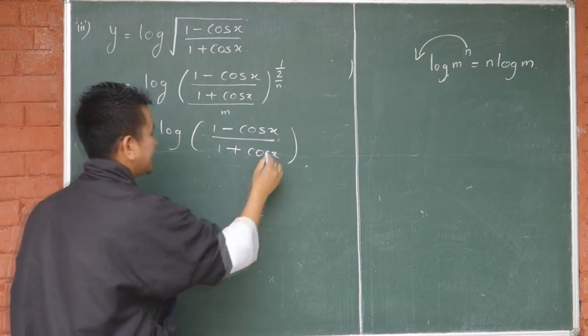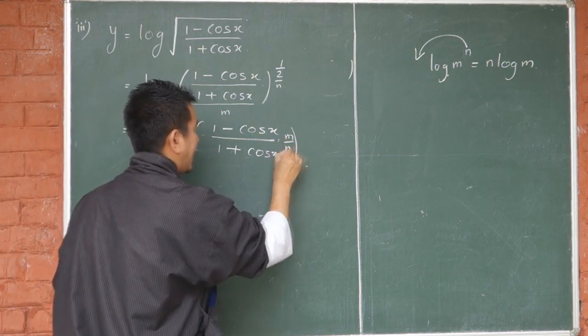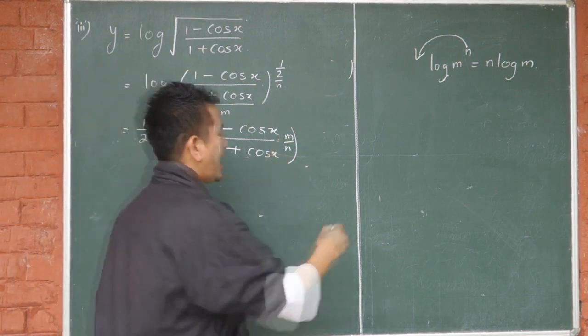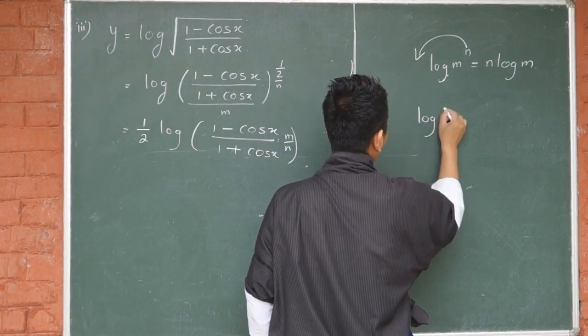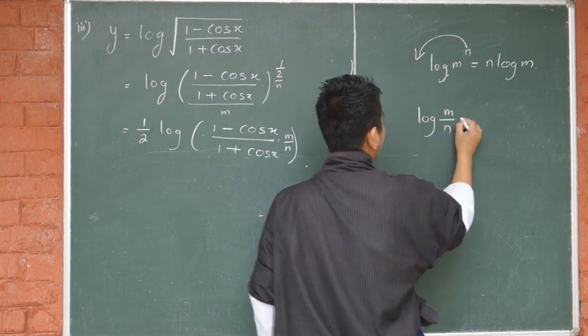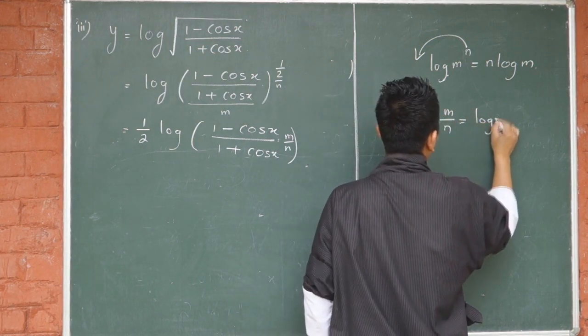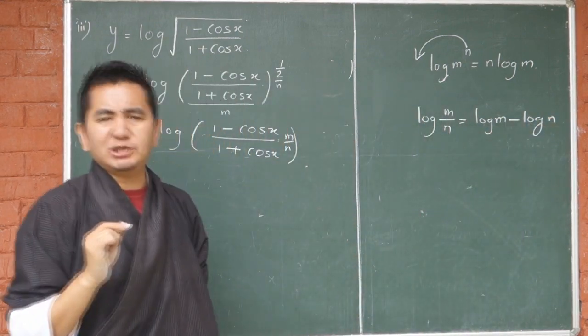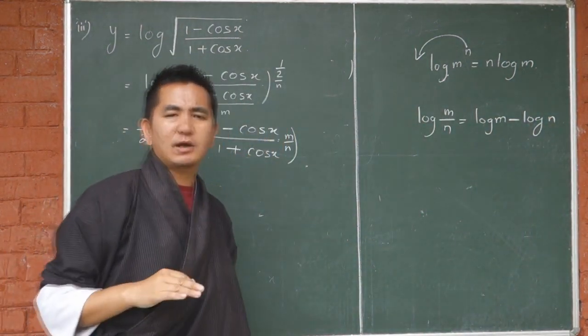Again, if you see, this is in the form of log m by n. I am trying to apply the logarithm law here. As per the logarithm law, log m by n is nothing but log m minus log n. I hope you know this law, which you have learned in class 11.